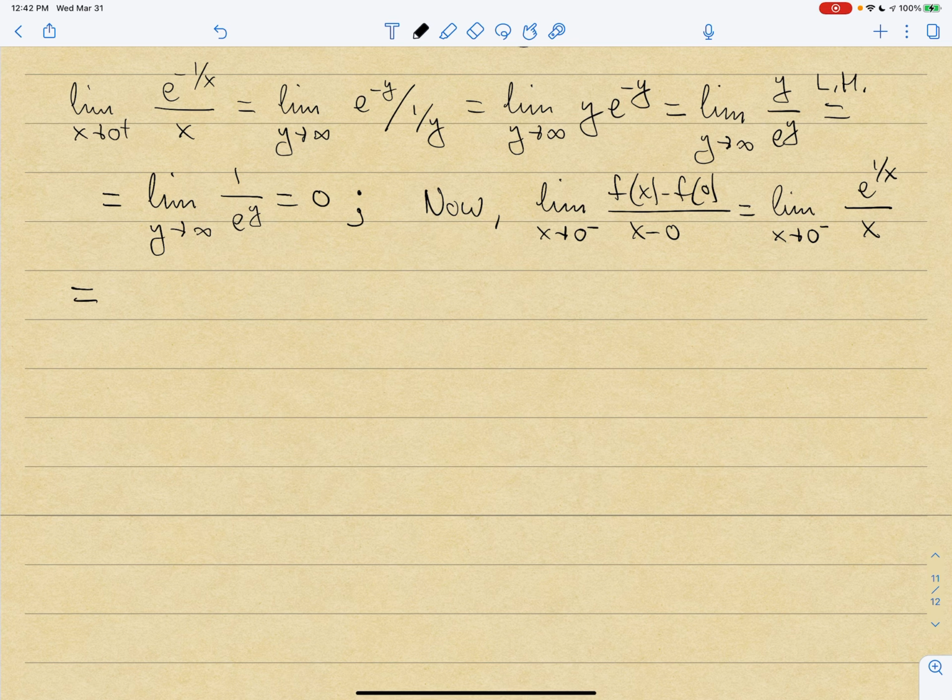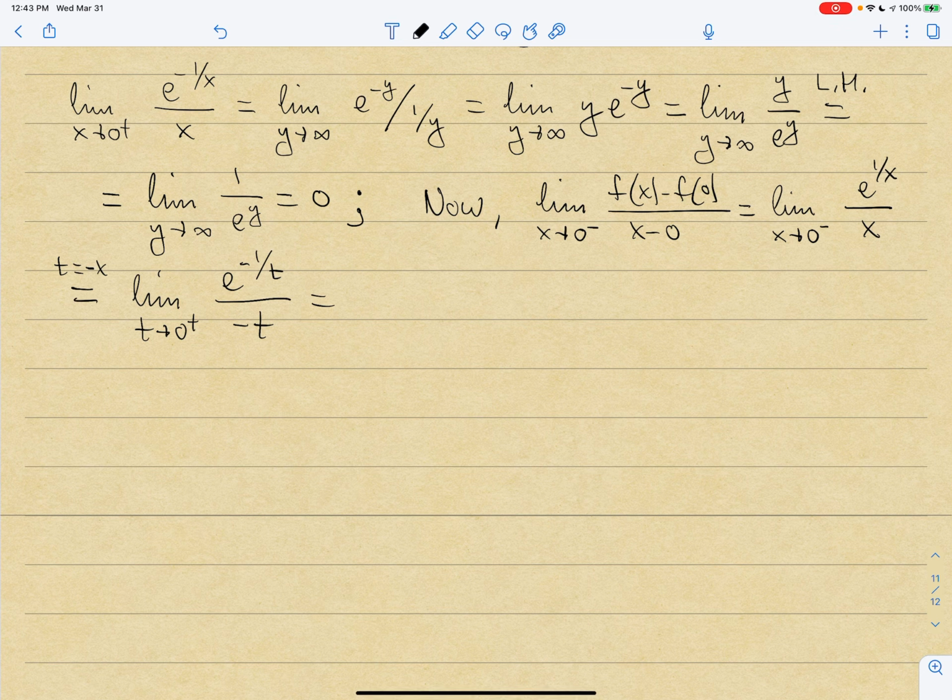So if x goes to 0 minus, let's change x to t and call t equal to minus x. So in this case, if my variable is t, instead of x going to 0 minus, t will be reflected and go to 0 from the right. e to the minus 1 over t, and then minus t in the denominator.